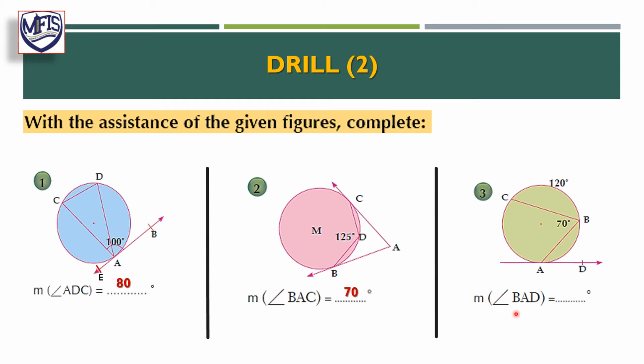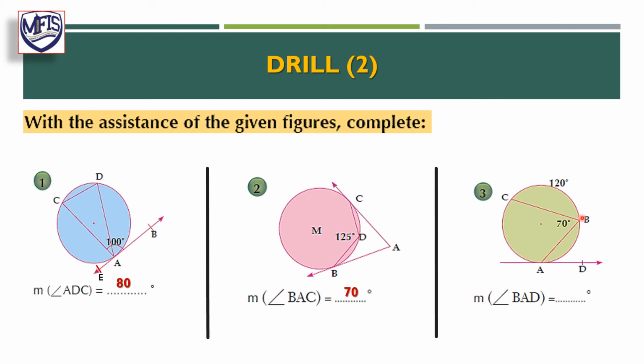The last problem, number 3. I want to find measure angle BAD. This angle. Okay. Angle BAD, as we can see here, is an angle of tangency. Then measure of angle BAD equals half measure arc AB. What is the measure of arc AB?